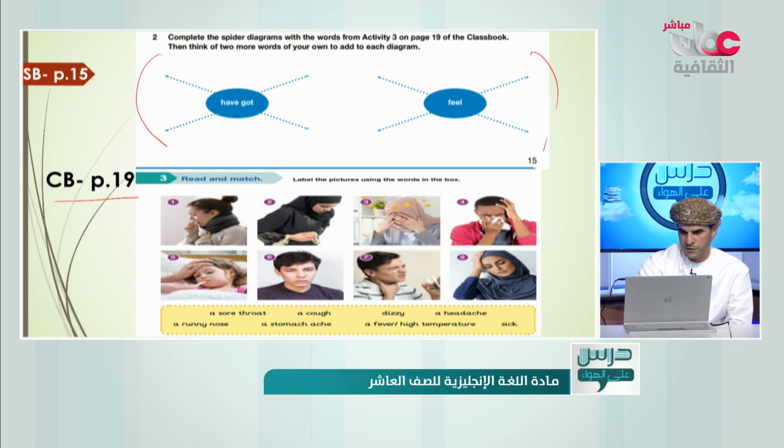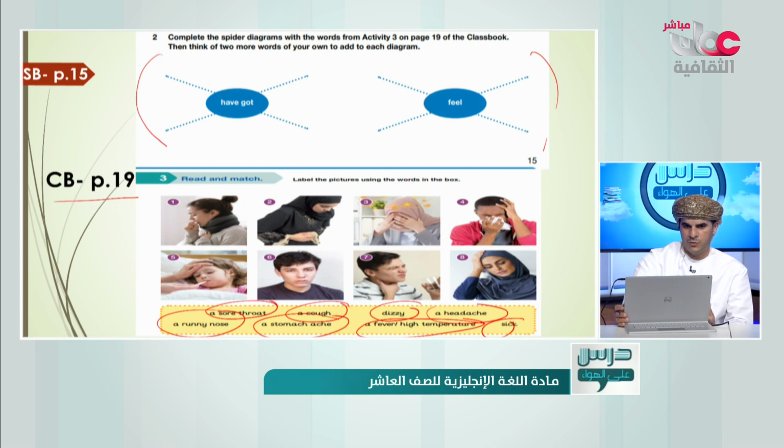Use these words: headache, dizzy, a cough, sore throat, a runny nose, a stomach ache, high fever, high temperature, sore, or sick, fever, and you can add your own.